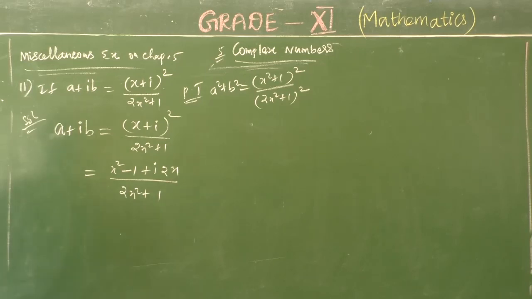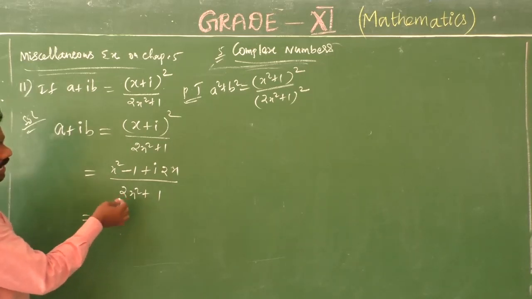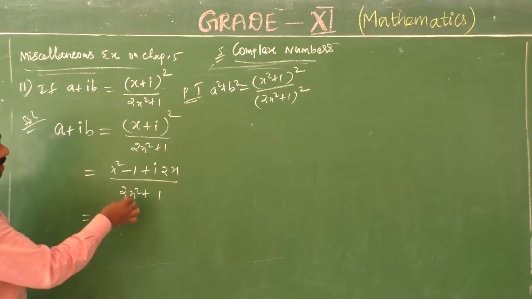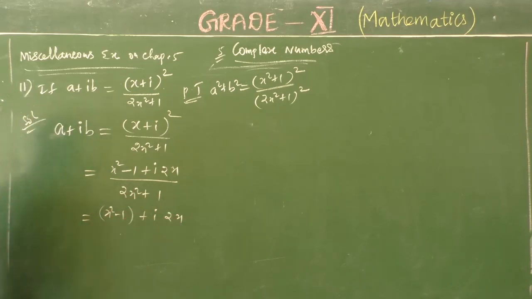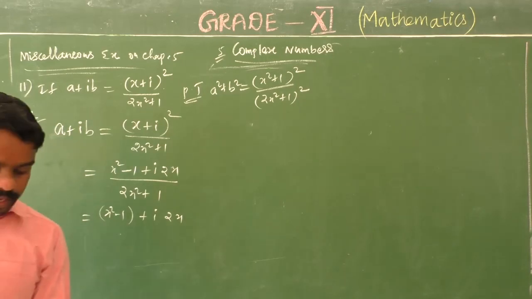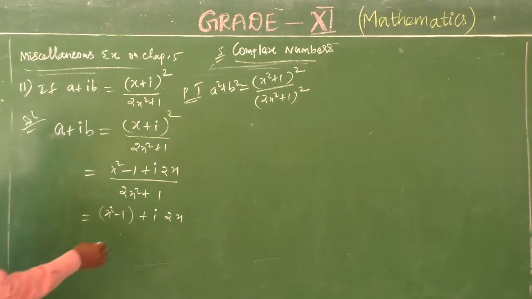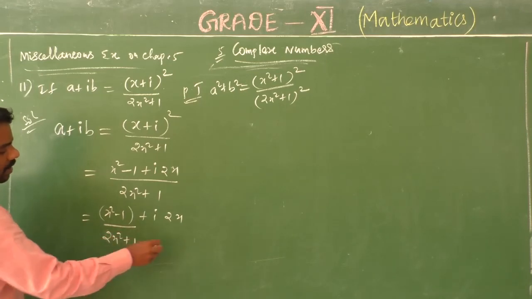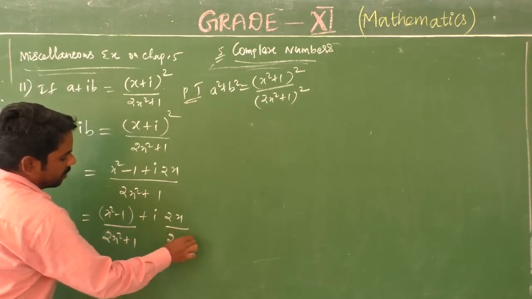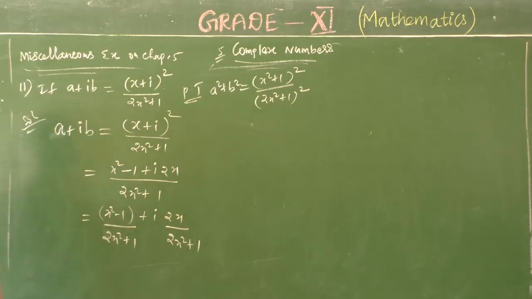Okay, right. Written as standard form: (x square minus 1) is the real part, plus i into 2x, the whole divided by 2x square plus 1. This is the a plus ib form.